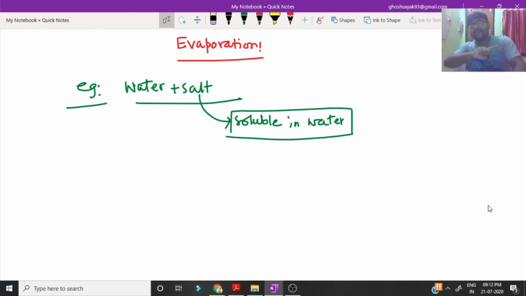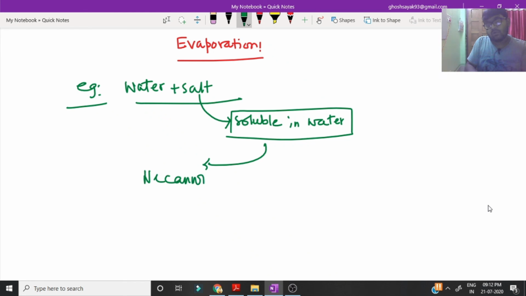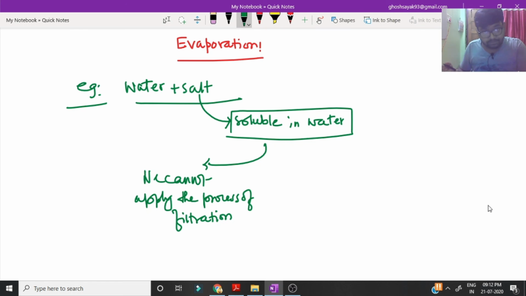As the salt is soluble in water, that means we cannot apply the process of filtration, right? So nothing will happen. So what we have to do? We have to apply the technique called evaporation.